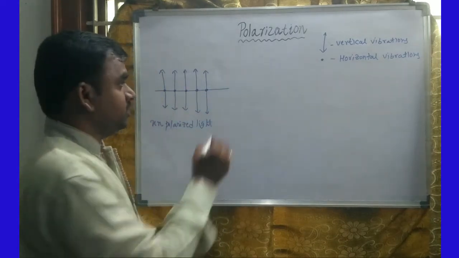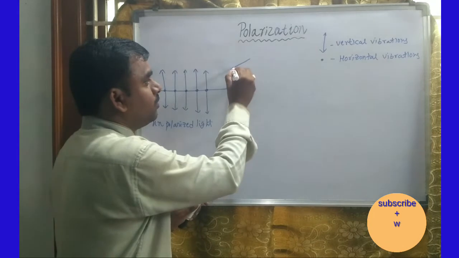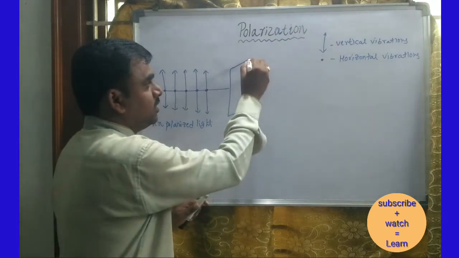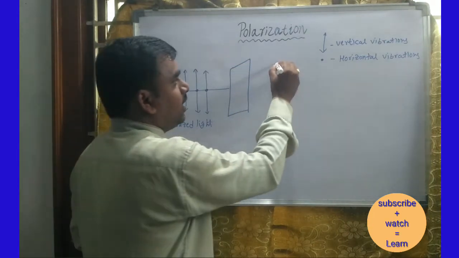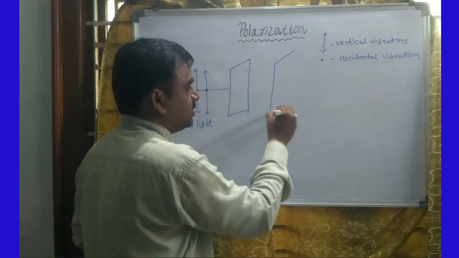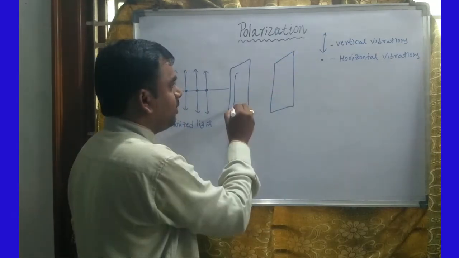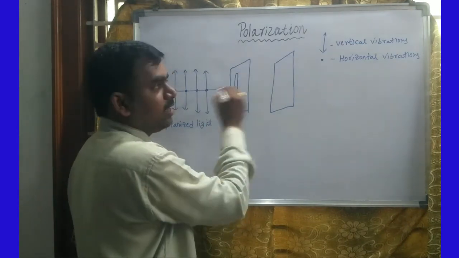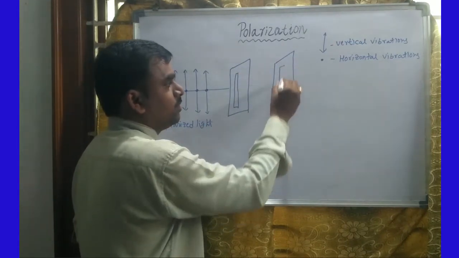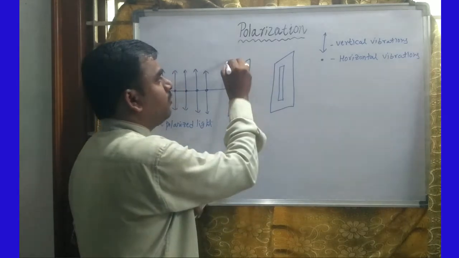It has two vibrations. Now we are allowing them through the slit. This is one slit and this is another slit. These slits are parallel to the vertical vibrations.